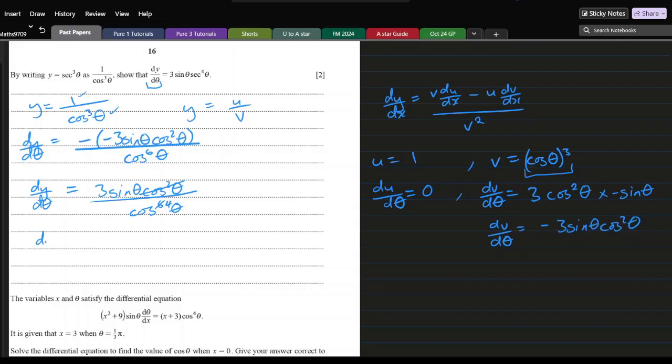So we know that our dy d theta is equal to 3 sine theta times 1 over cos to the 4 theta, which we know that we can write as sec to the 4 theta. So dy d theta is equal to 3 sine theta sec 4 theta, and that's our final answer.